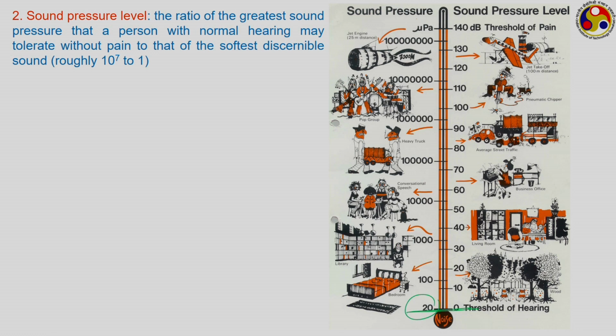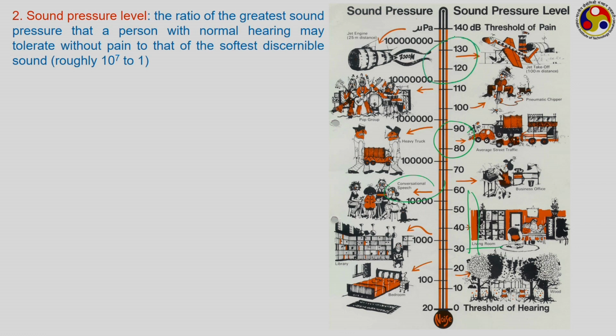As we go along in the decibel level, you can see most of our normal activities, like the living room of a house or a general conversation, are restricted to decibel levels of 50, 60, etc. In an office you can have a range of 65, whereas average street traffic is in the range of 80 to 90, and a pop group, or even larger sound levels such as jet engines taking off.